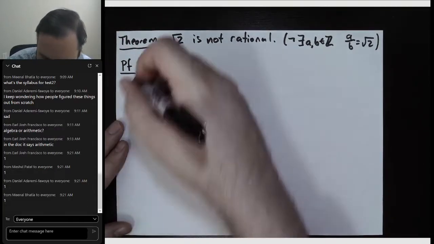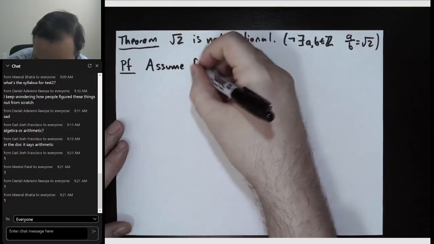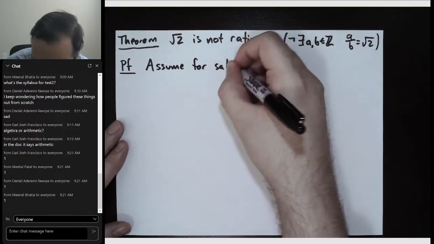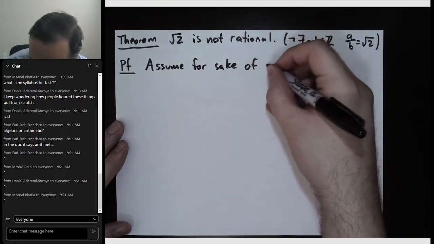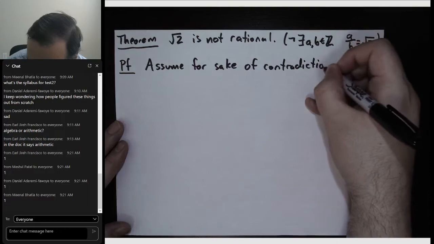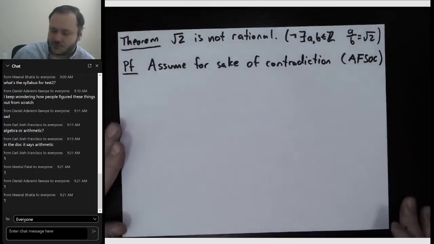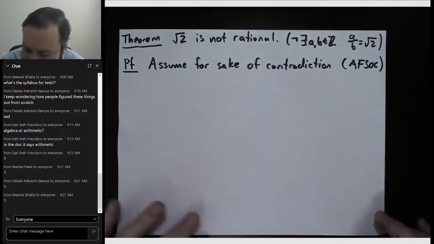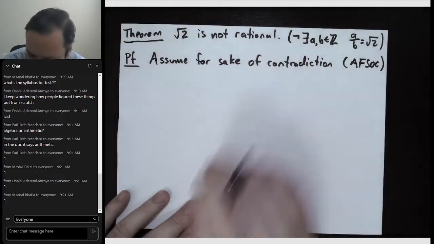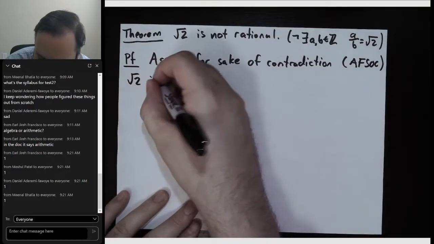Our contradiction starts with: assume, for the sake of contradiction, or AFSOC, if you prefer. Assume for the sake of contradiction that our theorem was wrong. So assume for the sake of contradiction that square root of 2 is rational.